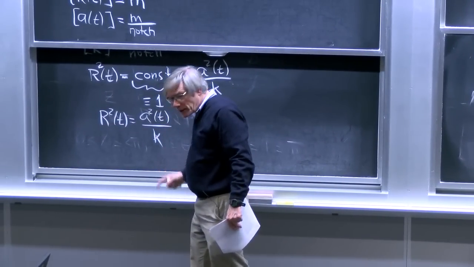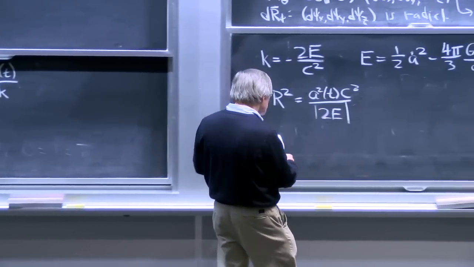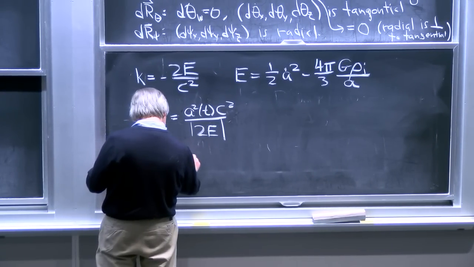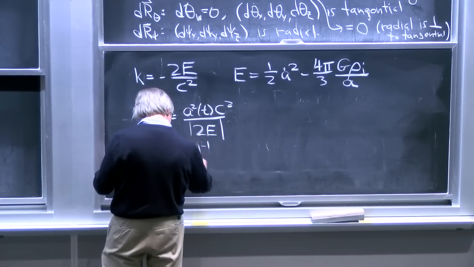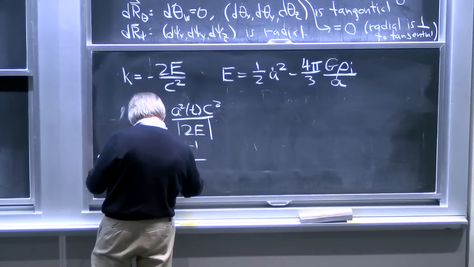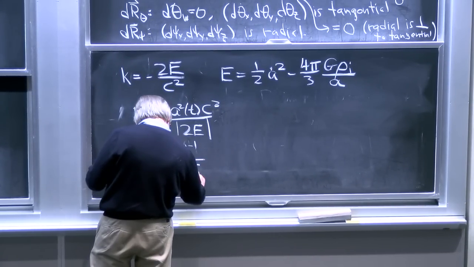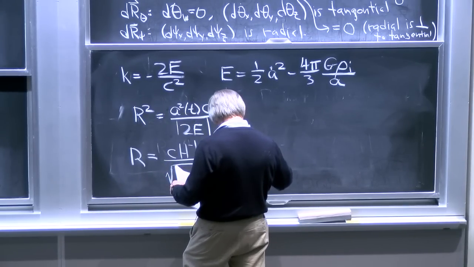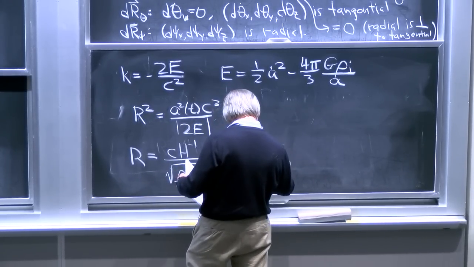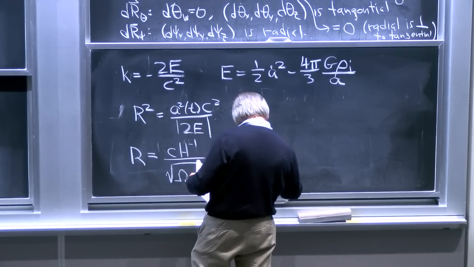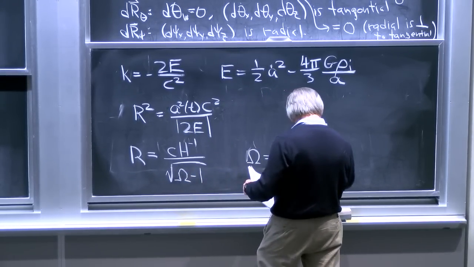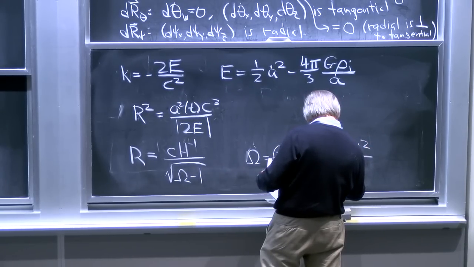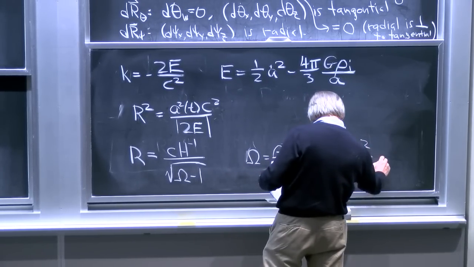It's A squared over k. So putting those equations together, one can write R is equal to c times the inverse of the Hubble expansion rate over the square root of omega minus 1, where omega, you recall, is equal to rho divided by rho sub c, and rho sub c is 3H squared over 8 pi Newton's constant.